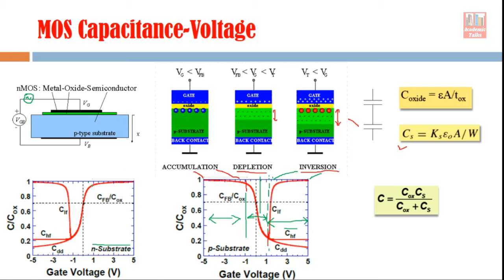Accumulation will be observed in case of positive voltage, and inversion will be observed in case of negative voltage. But if you have a p-type substrate, accumulation is in case of negative voltage, and inversion is in case of positive voltage.